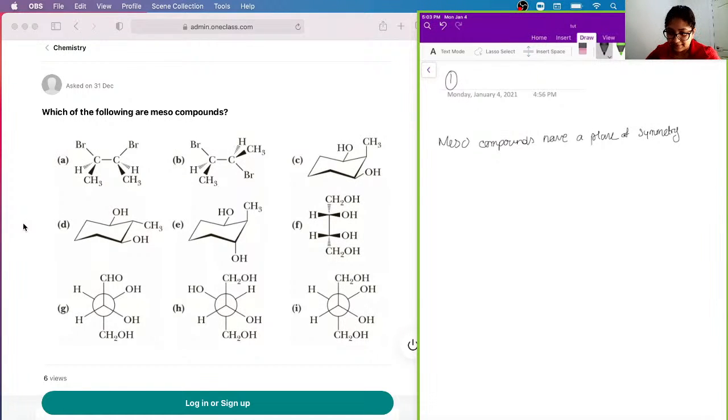So A is a meso compound. Let's draw this.